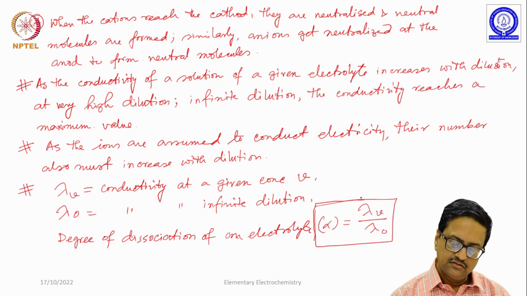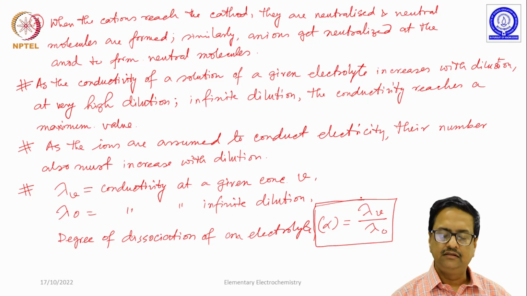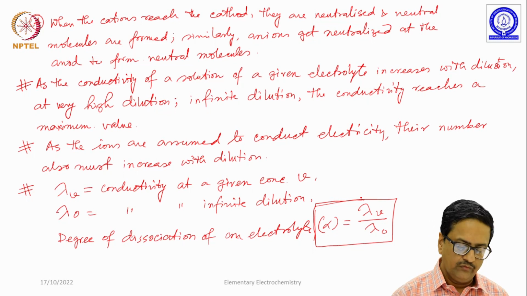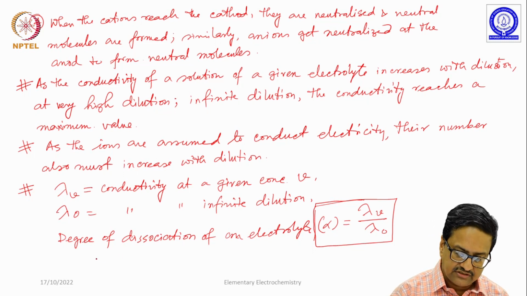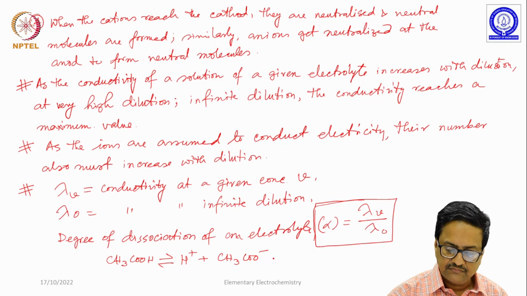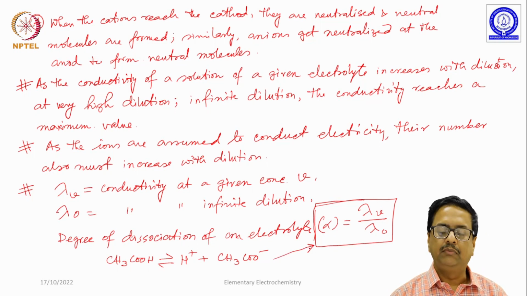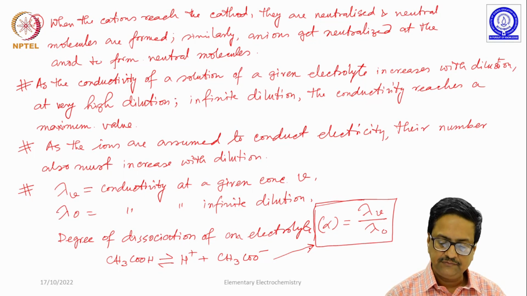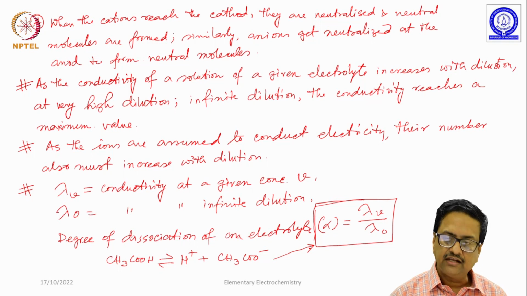Okay. So, this is how he tried to define the degree of dissociation. When you are considering the dissociation of acetic acid into H plus and CH3COO minus, the degree of dissociation alpha for this equilibrium can be determined by the corresponding conductivity of this solution at a given concentration V and at infinite dilution.